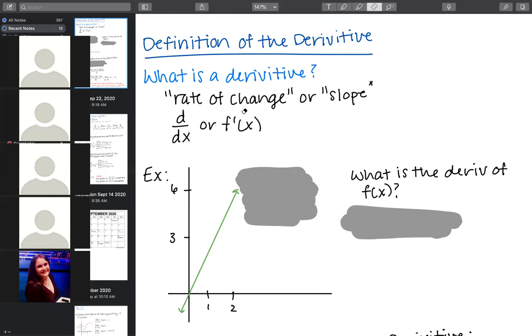If f prime of x doesn't hold a lot of information, you go one step forward and say the first derivative. As we go forward, we will add an extra prime, and it'll be the second derivative. That's just a little background for going forward. But out of all these terms, we're going to focus on this f prime of x term because that's what we set the definition of the derivative equal to.